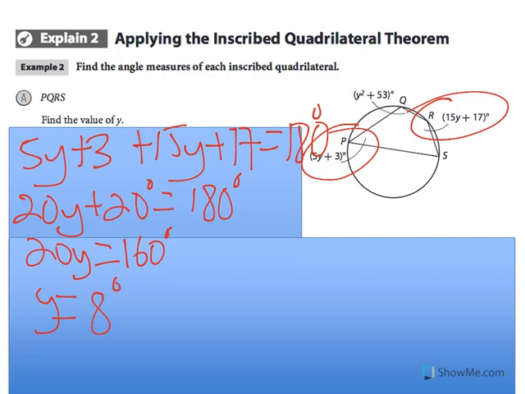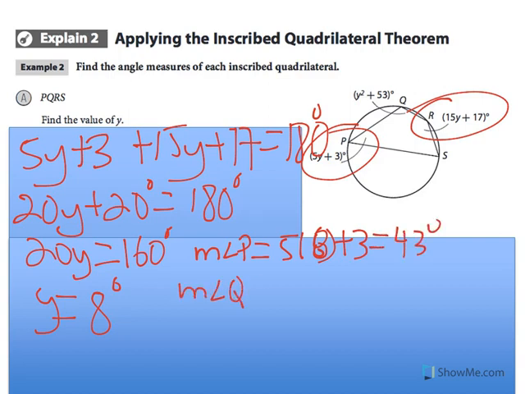Now to find the measure of each angle: angle P is equal to 5 times 8 plus 3, so this is 43 degrees. Angle Q is equal to 8 squared plus 53, so 64 plus 53, that's 117 degrees.